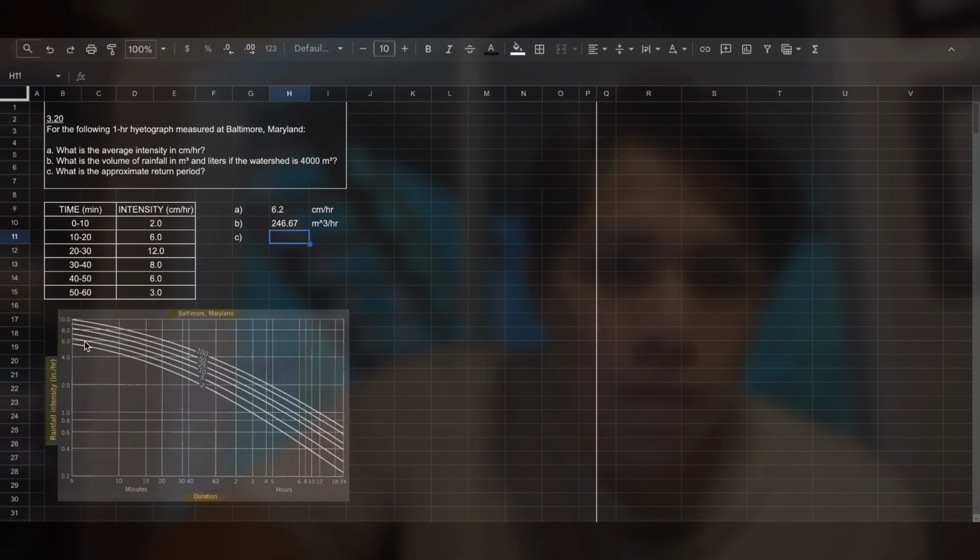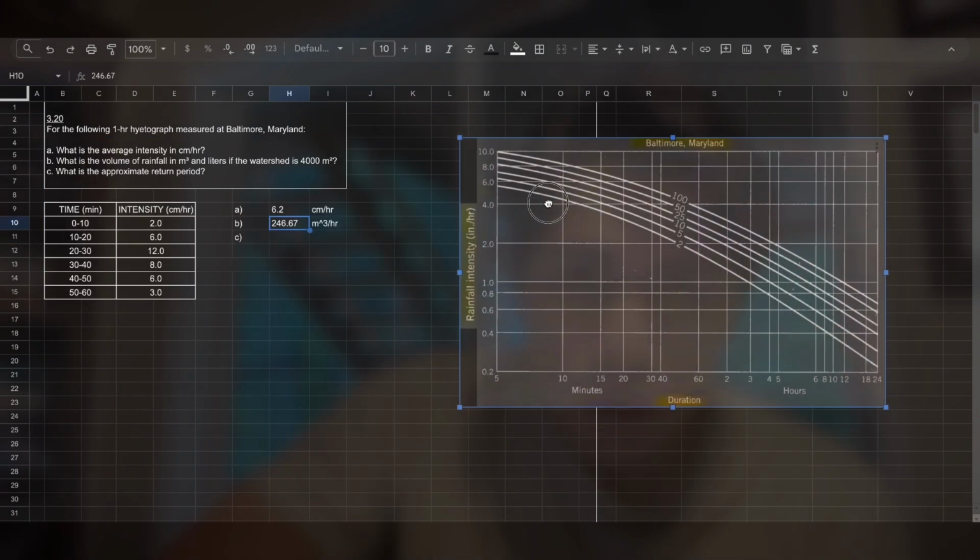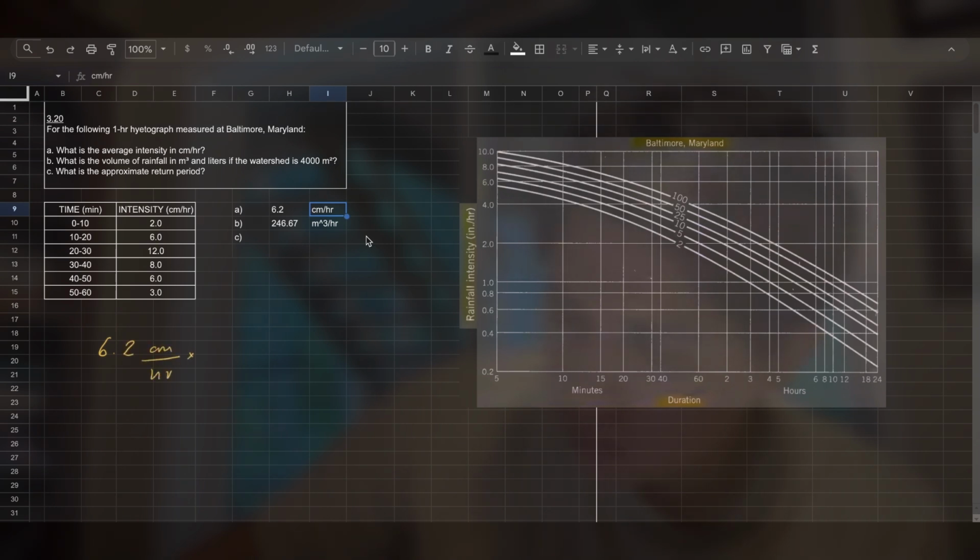To find the return period value, we're going to use this IDF curve, but we need to first solve for the intensity in inches per hour. We have the intensity in centimeters per hour, so we just need to do the following conversion of 6.2 centimeters per hour, and in 1 inch there are 2.54 centimeters.